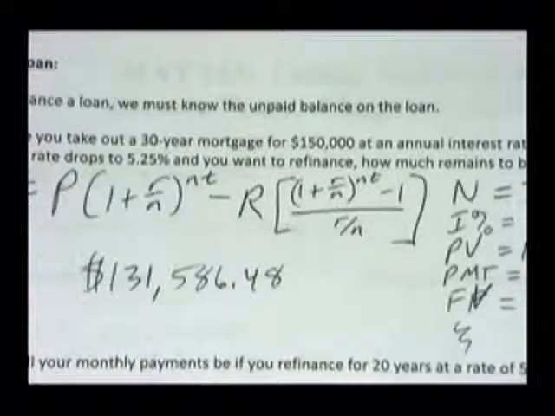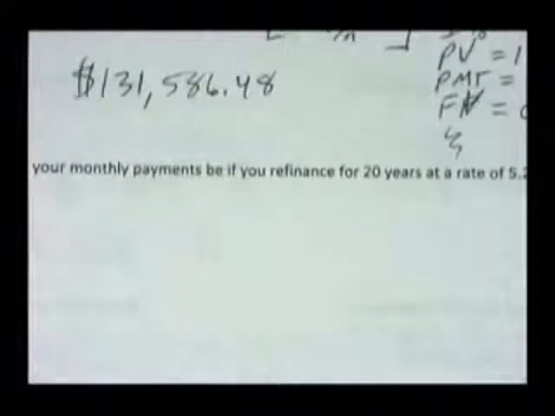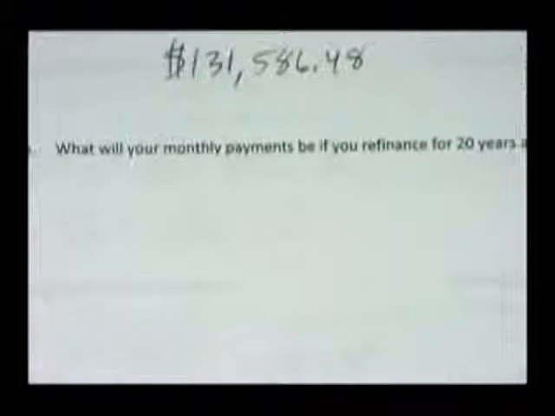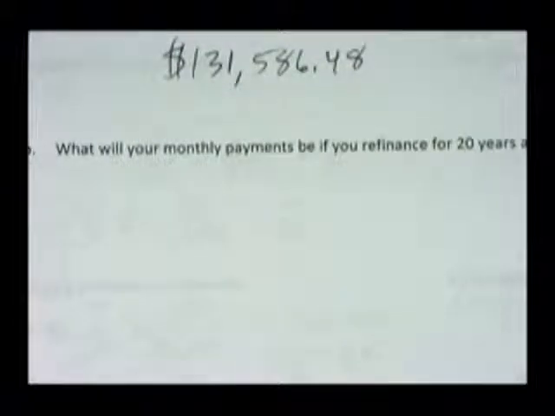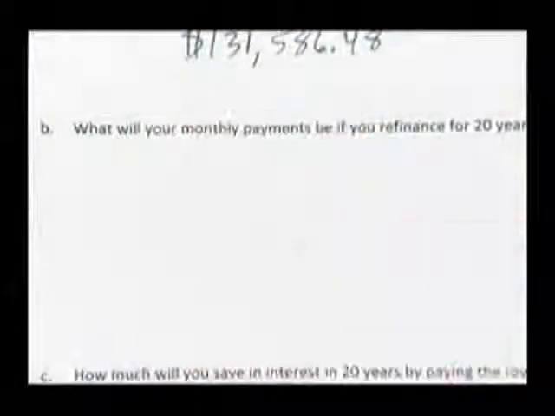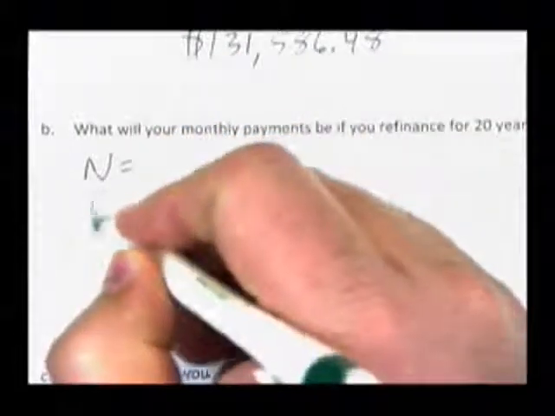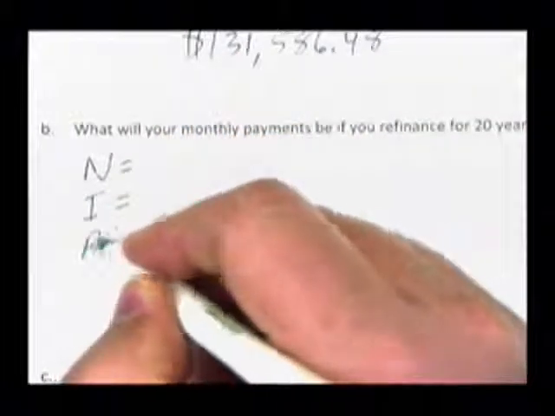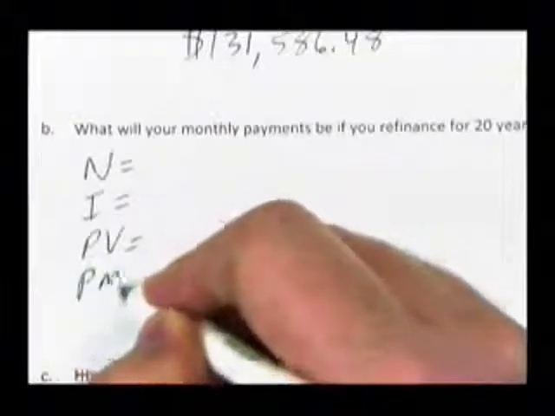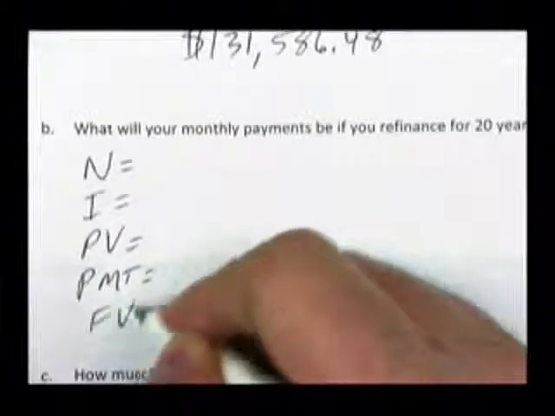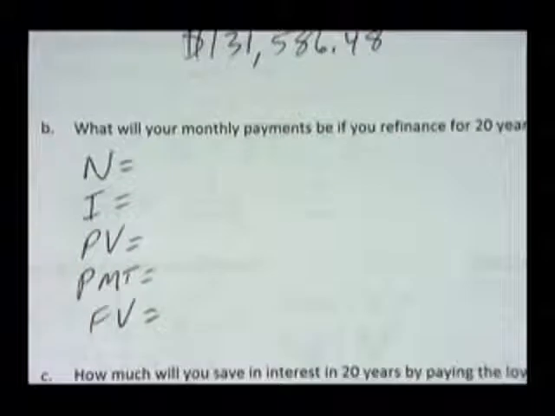Alrighty, so let's go to the next question, which is, what will your monthly payments be if you refinance for the last 20 years at a rate of 5.25%? All right, so again, I'm going to use the TVM Solver.